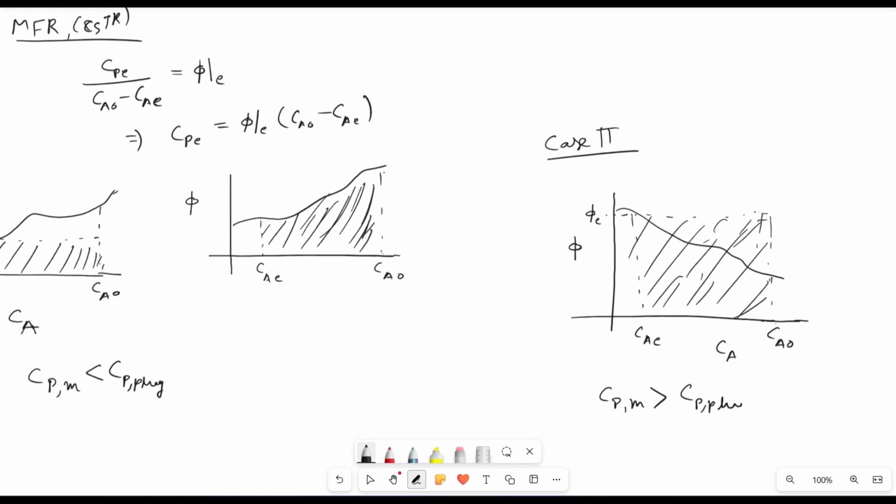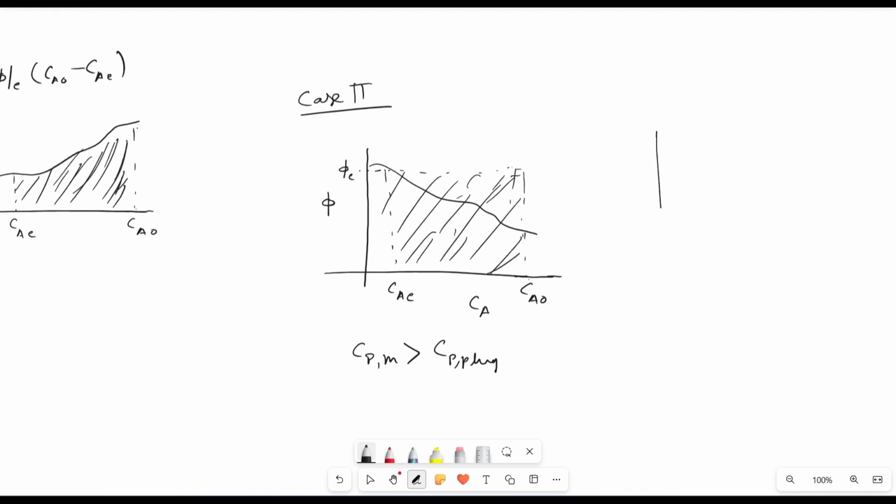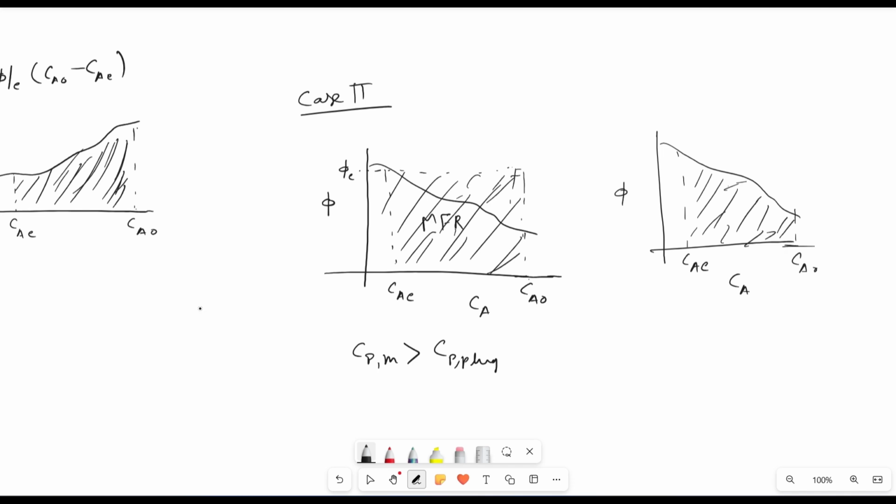For plug flow, if we see the area, this is Ca, this is Ca naught, this is Cae. So the area in case of plug flow will be this area.